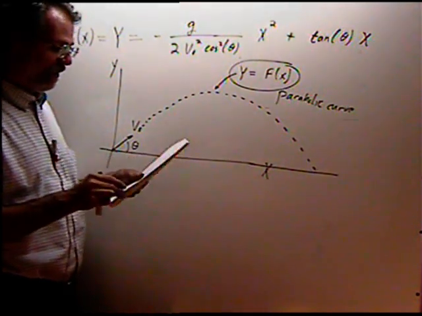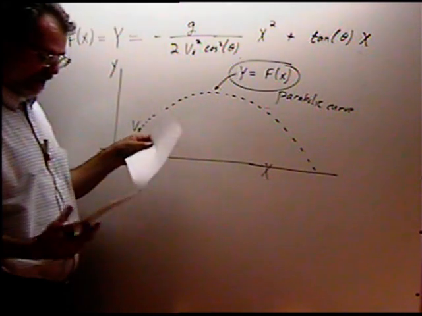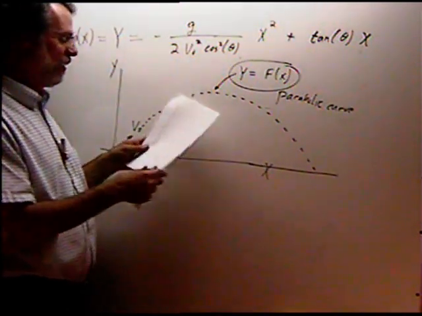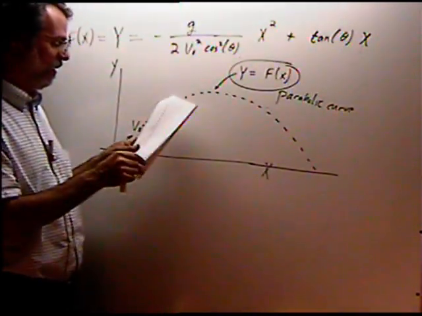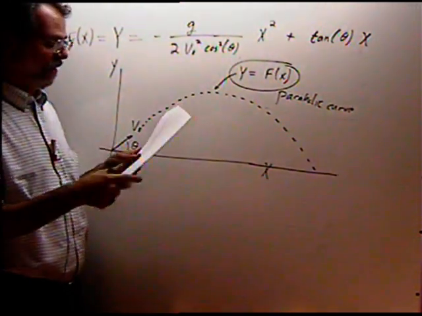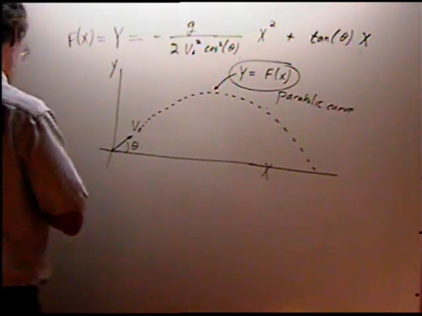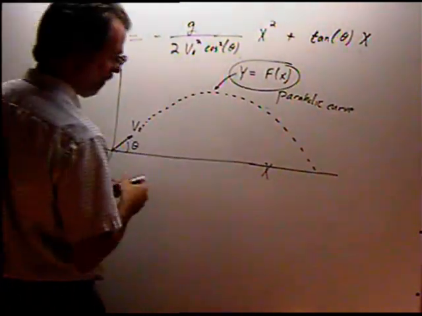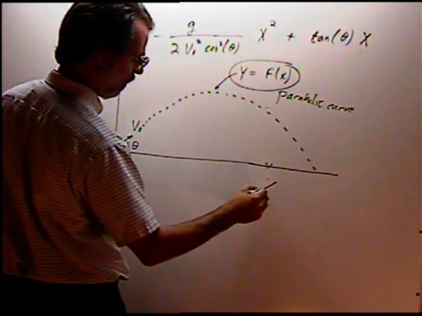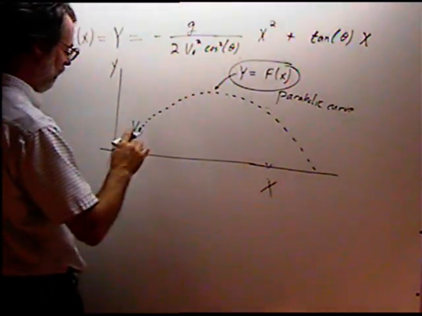Once you calculate it, I then want you to plot it. You don't have to plot it by hand; I'd rather you plot it right in Excel. And I want your plot to look just like this, where you have x and y, and you plot it at different angles.